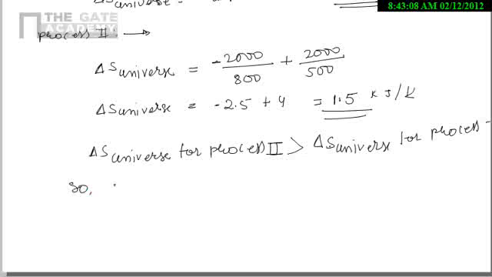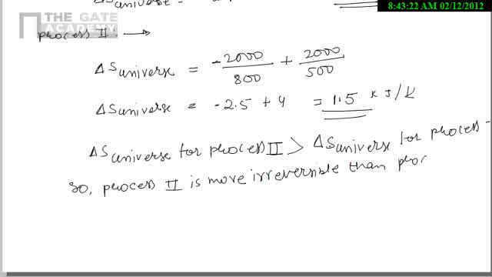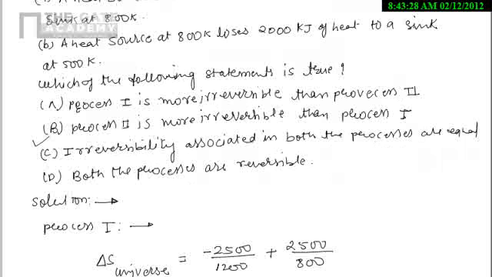So process 2 is more irreversible than process 1. The correct answer in this problem is B: process 2 is more irreversible than process 1.